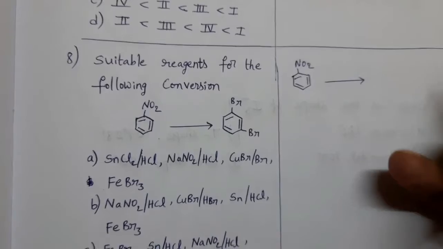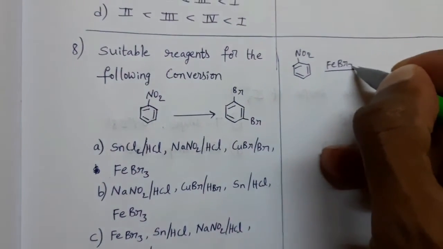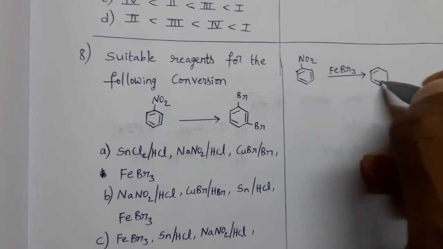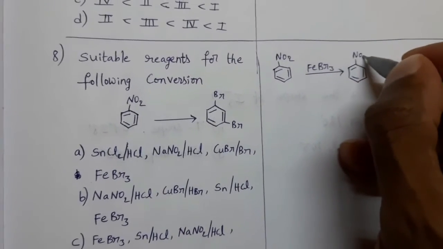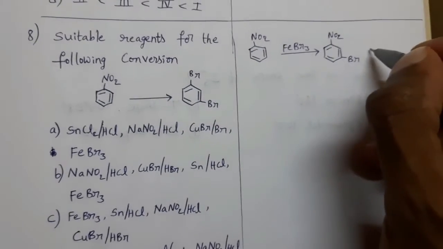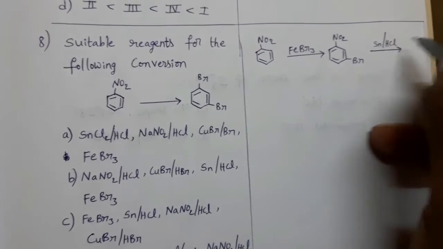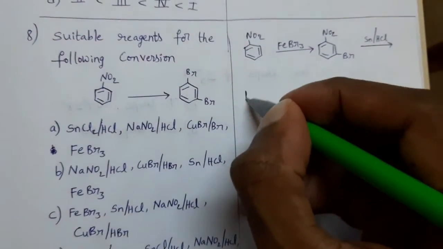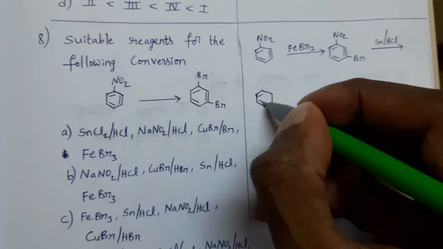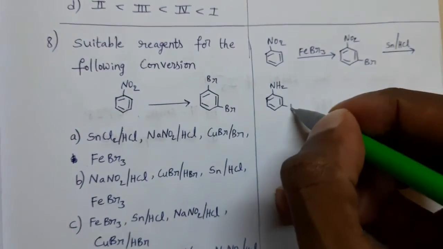This nitrobenzene is first treated with FeBr3, ferric bromide, then bromine atom is substituted at meta position because NO2 is a meta-directing group. Now it is treated with Sn plus HCl. Then NO2 is converted to NH2. That is, reduction takes place. NO2 is reduced to NH2.